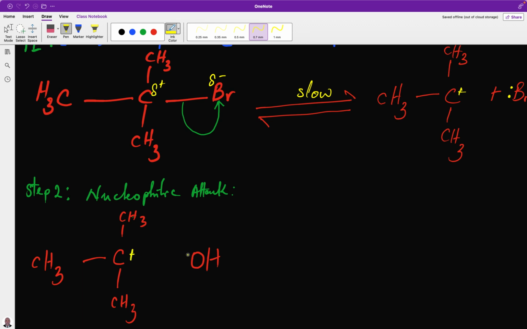This is our nucleophile. That is our nucleophile.